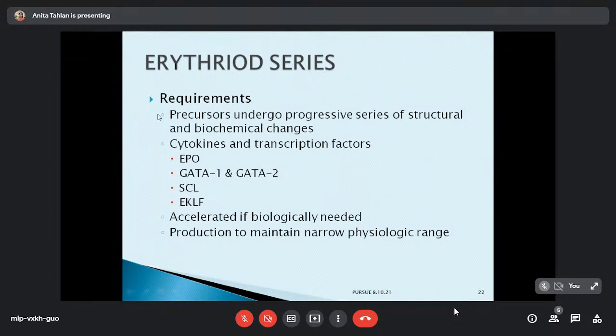These precursor cells undergo a series of structural and biochemical changes under the effect of cytokines and transcription factors like erythropoietin, GATA, EKLF, and SL. We also want that whenever there is a need, this biological process should get accelerated, and it does get accelerated, and our levels are maintained in a normal physiological range.